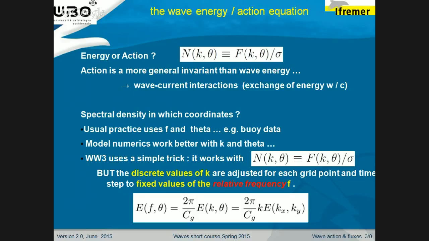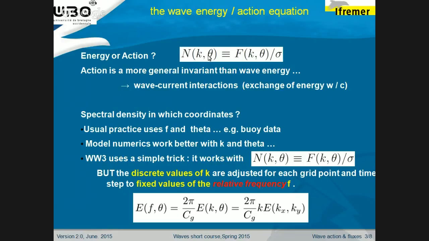Okay, so so far I talked about the wave spectrum, and I told you that we have a spectrum in 2 dimensions. I talked a lot about the frequency direction spectrum, energy in frequency and direction. Well, in practice, in WaveWatch, we don't use this spectrum, but rather we use the action spectrum, which is defined not in frequency direction, but in wave number and direction.